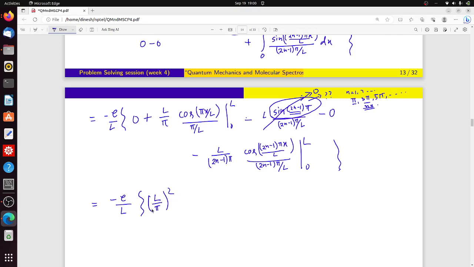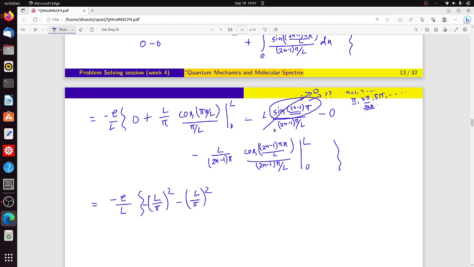So this gives me minus 1, so this minus, right? And if I apply the lower limit, 0, cos 0 is 1, sir. 1, so minus L over pi square, right?